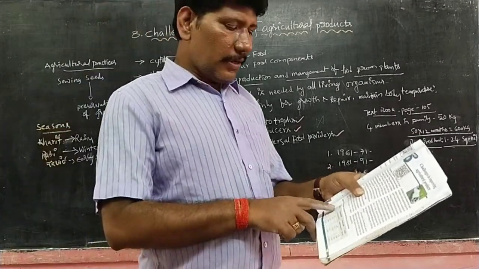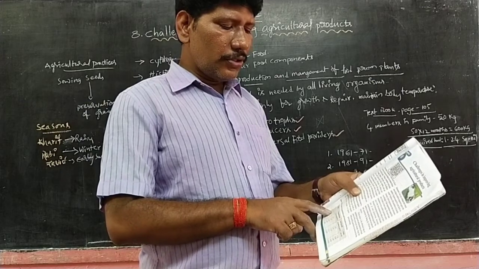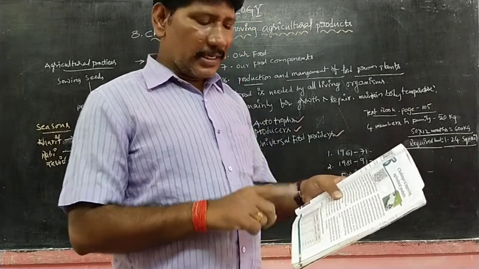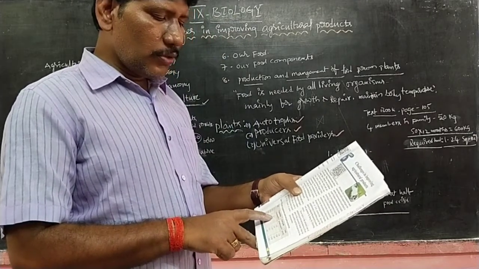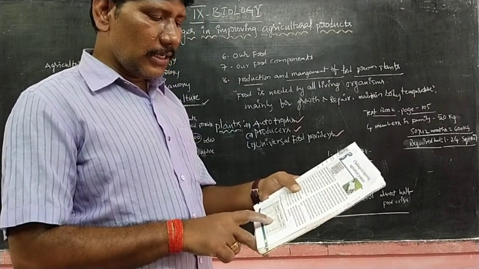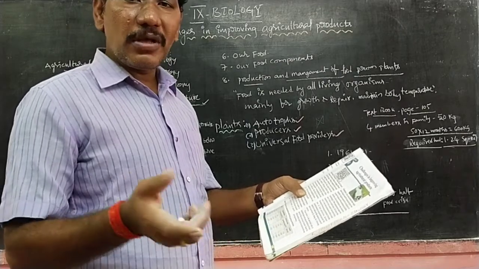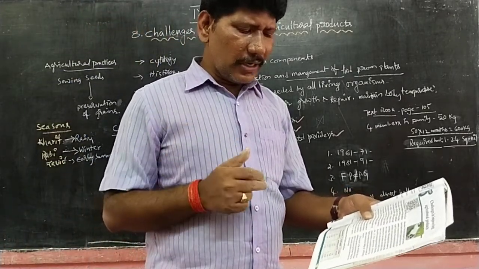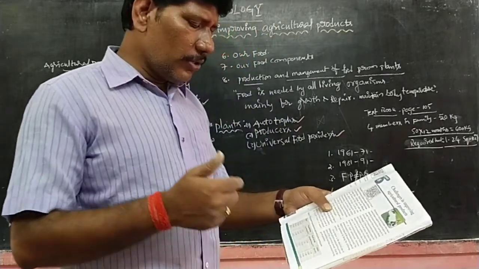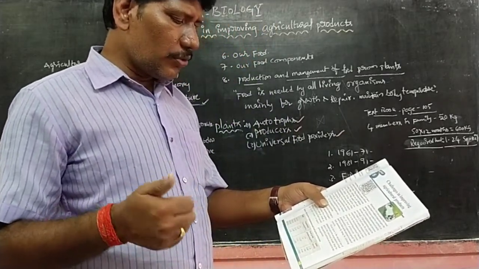See, the decade from 1961 to 71. Decade means 10 years. So in the duration 61-71, the population growth is 2.4, and food grain is 2.83. Of course, the population growth is heavy in that decade when compared to 71, 81, 91, 2001.